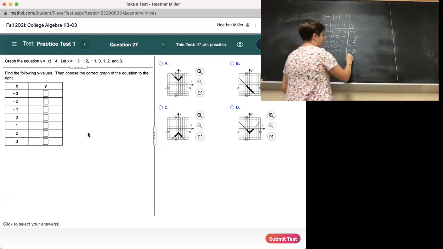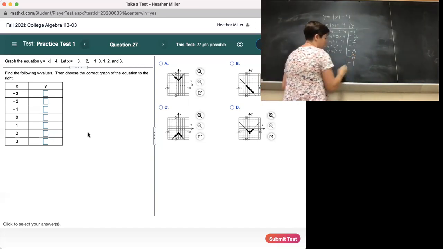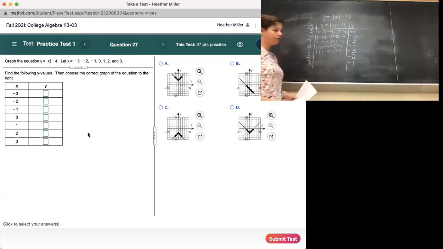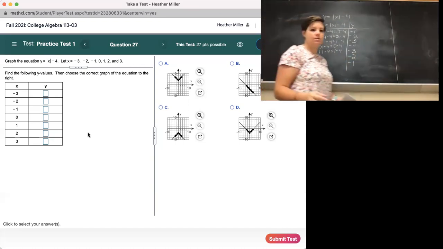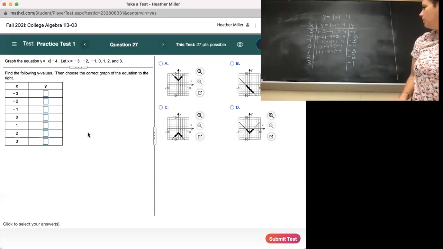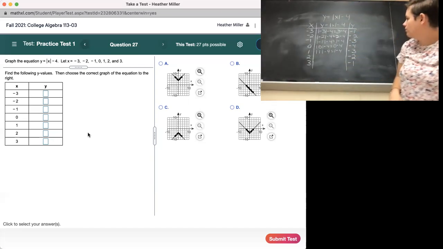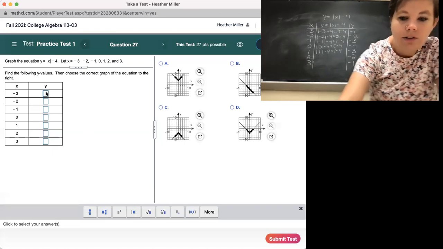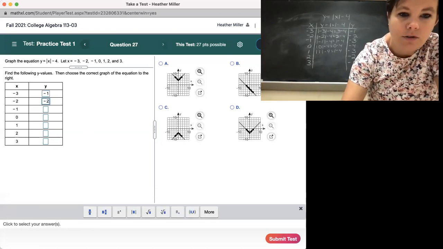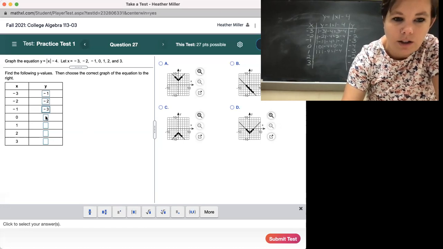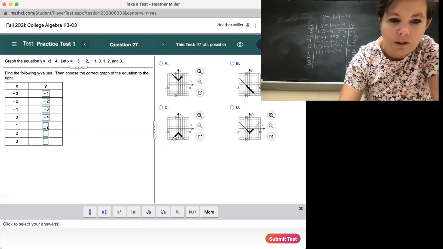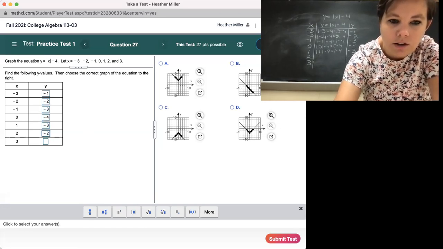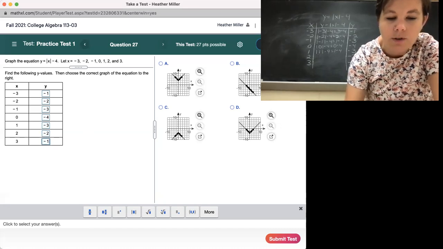So you should be able to logically just complete the graph or complete your units that way, to where you don't have to mathematically do this middle part for the last two. So I have -1, -2, -3, -4, -3, -2, -1.